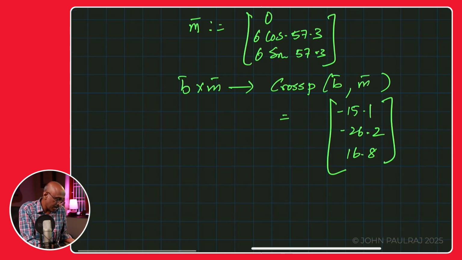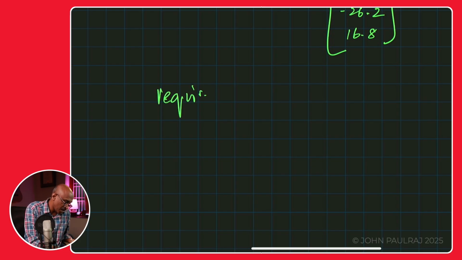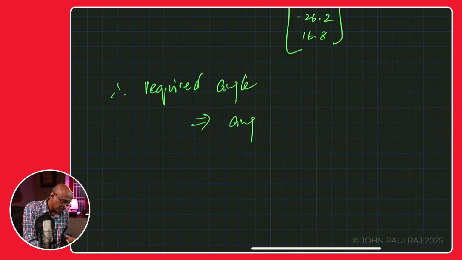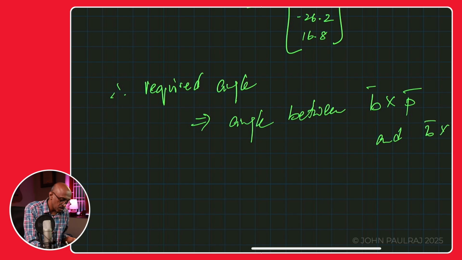Now then we can say the required angle, if you don't want to write the whole phrase. Therefore required angle is the angle between B bar cross P bar and B bar cross M bar.